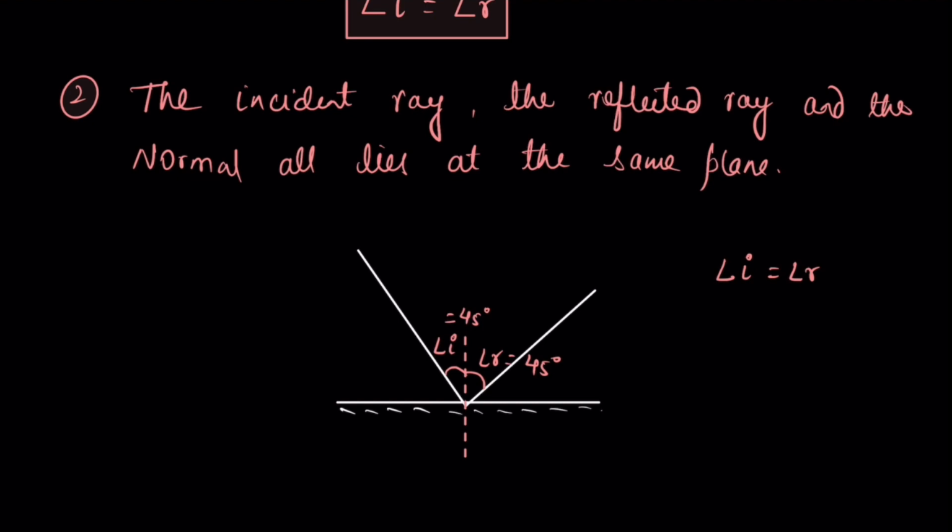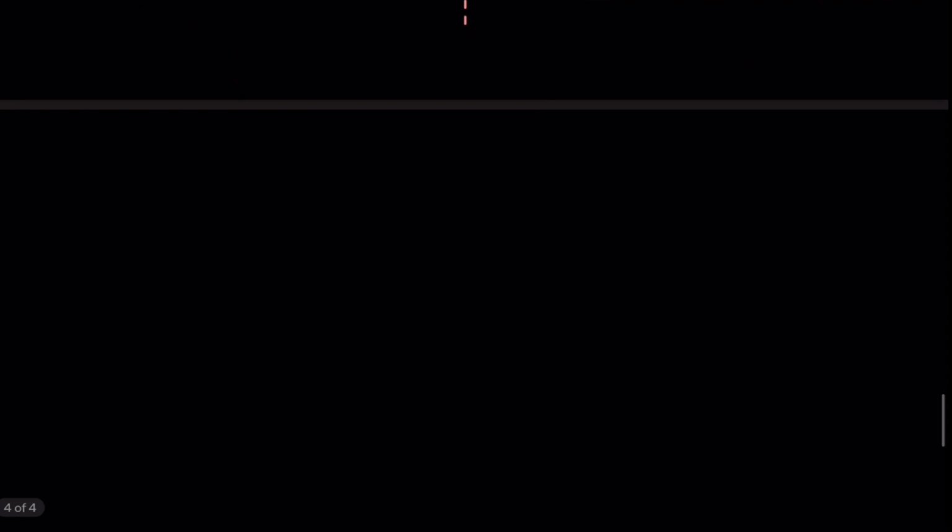Here is one question I need to explain. A student has a doubt in this. If we have an opaque body, the incident ray touches the surface and the reflected ray bounces back in the same path. What is the reason behind this?